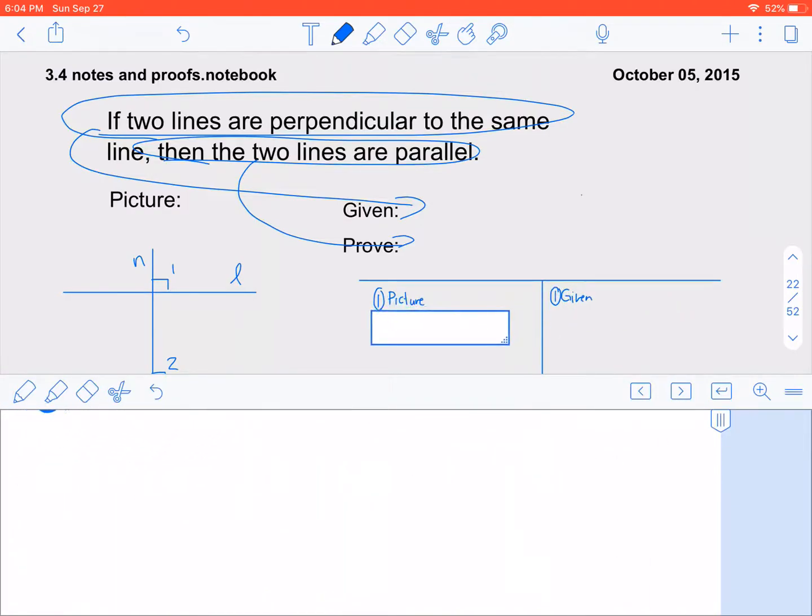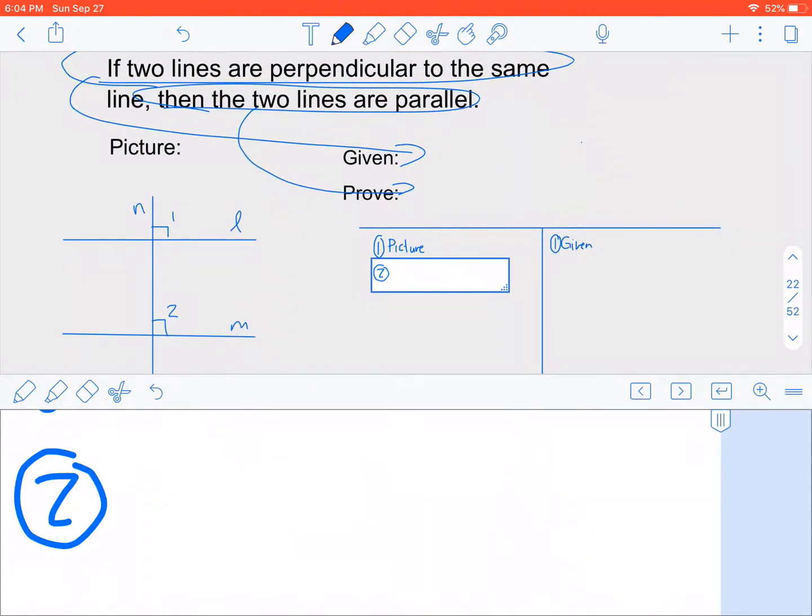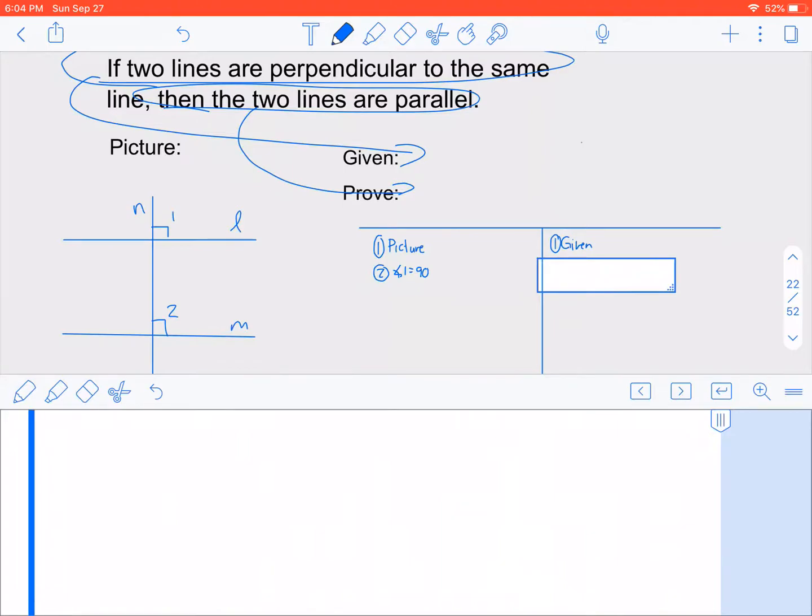Then from there, well, what does my picture tell me? It tells me that those are perpendicular, which means they're 90. So I'm going to say angle 1 equals 90, by definition of perpendicular.